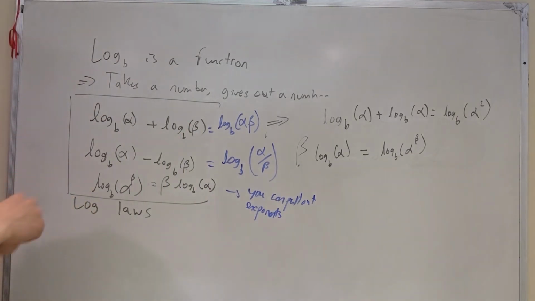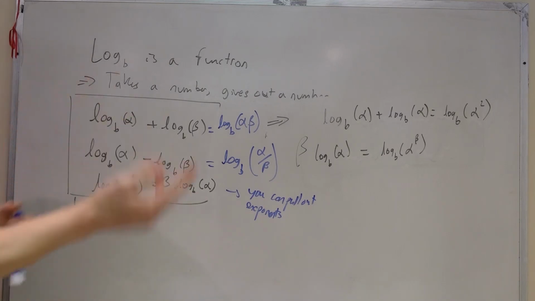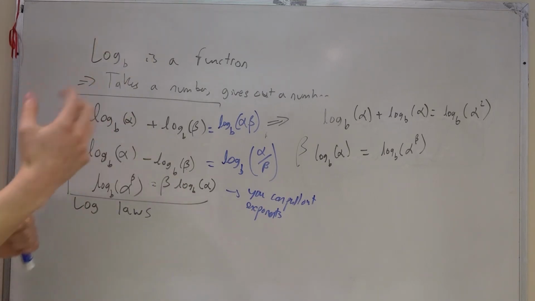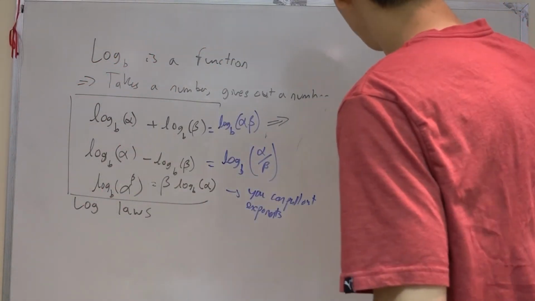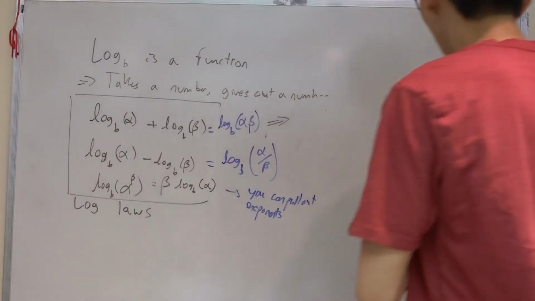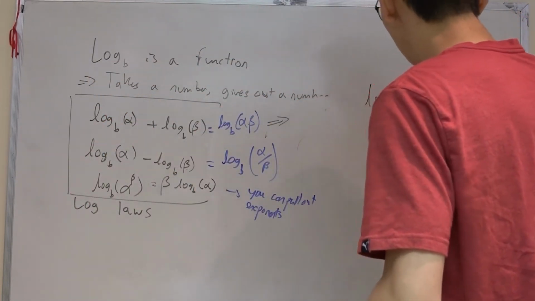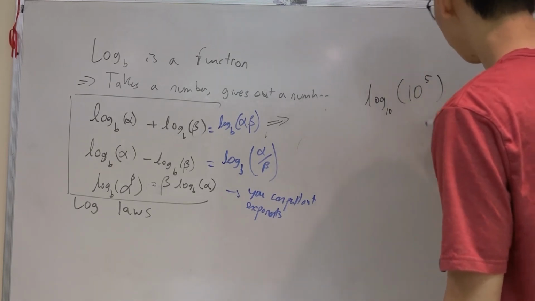Now I want to take this rule and go back to what we were doing at the beginning, where we were canceling out. I want to make precise what I meant by killing the 10 and bringing down the exponent. Okay? And it goes like this. So remember how we were solving our logarithms earlier? We were saying, aha, well, let's just do base 10 of 10 to the 5.